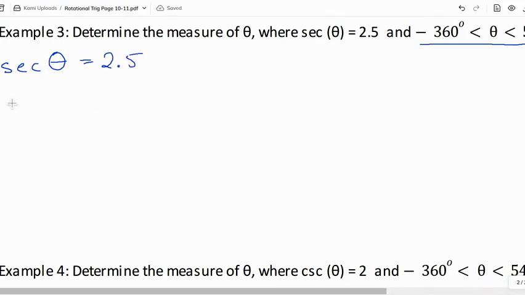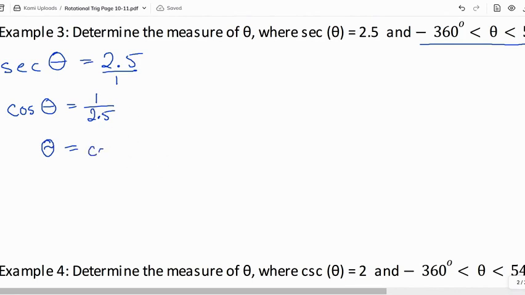Well, I know that the reciprocal ratio of secant is cosine. And to do that, I flip the fraction, right? So I write 2.5 as a fraction. And to find the cosine, I now have the reciprocal of the fraction. So I know we shouldn't have a decimal, but this is not my final answer.